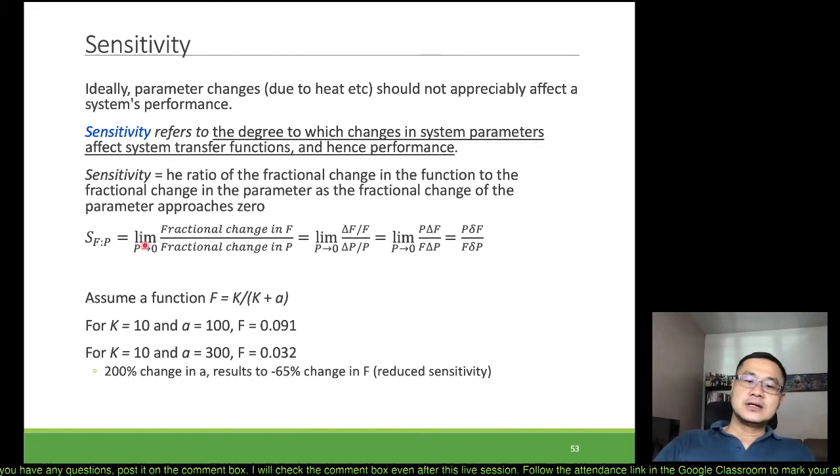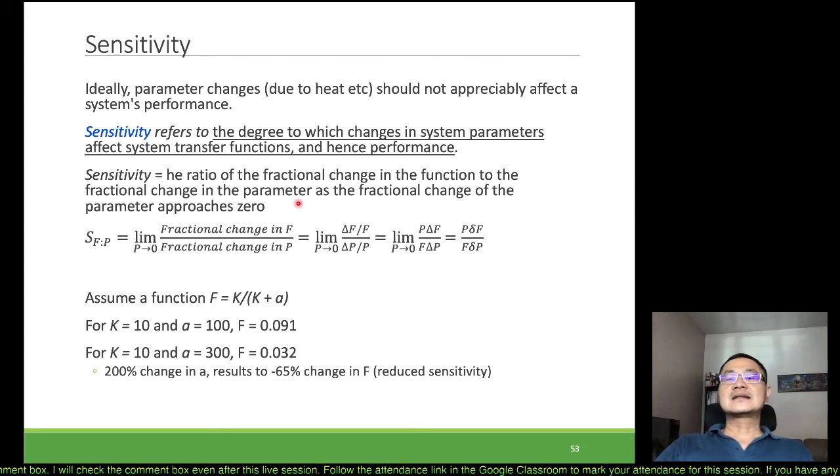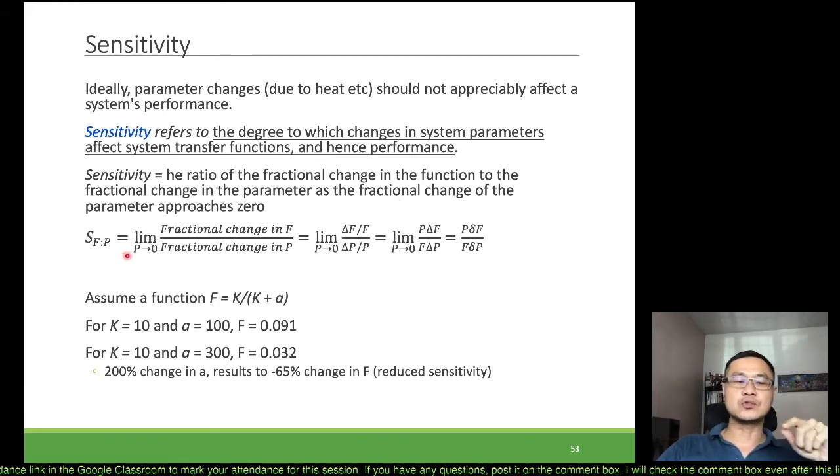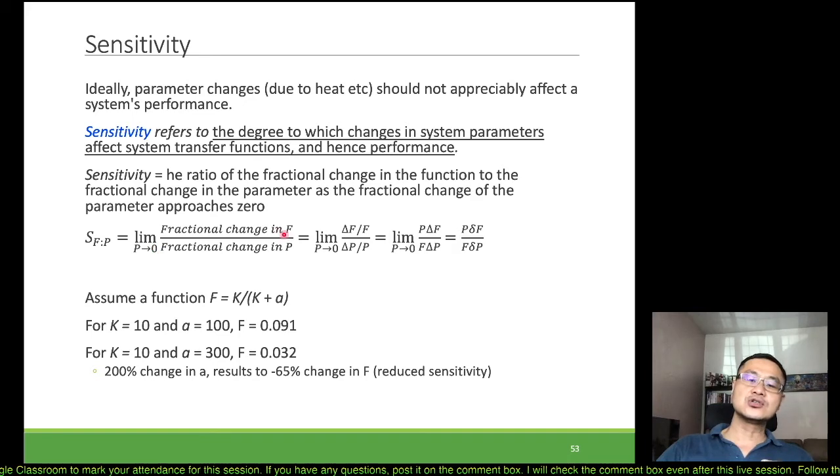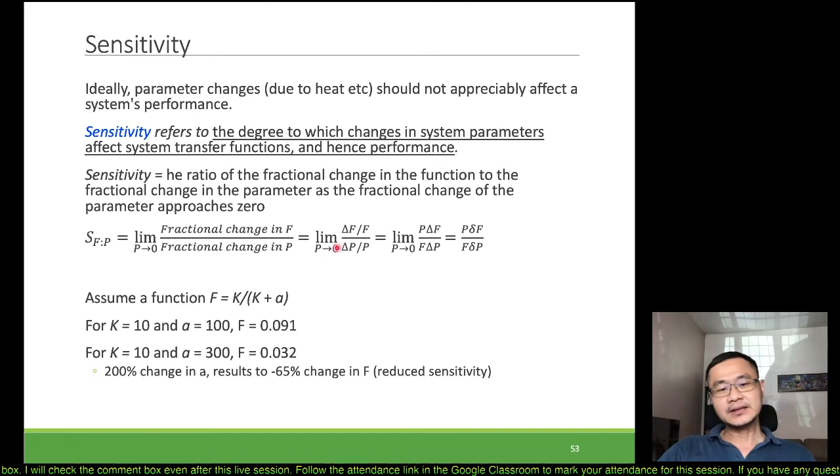And for this sensitivity, we take the fractional change of the parameter approaching 0. So we put p approaching 0.